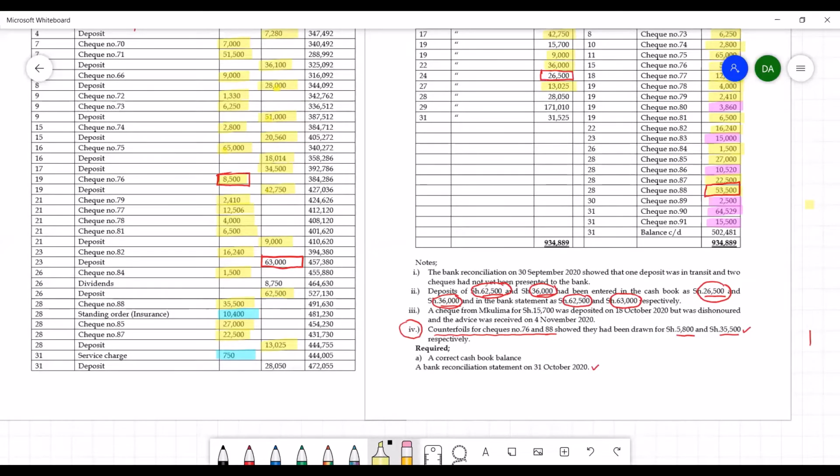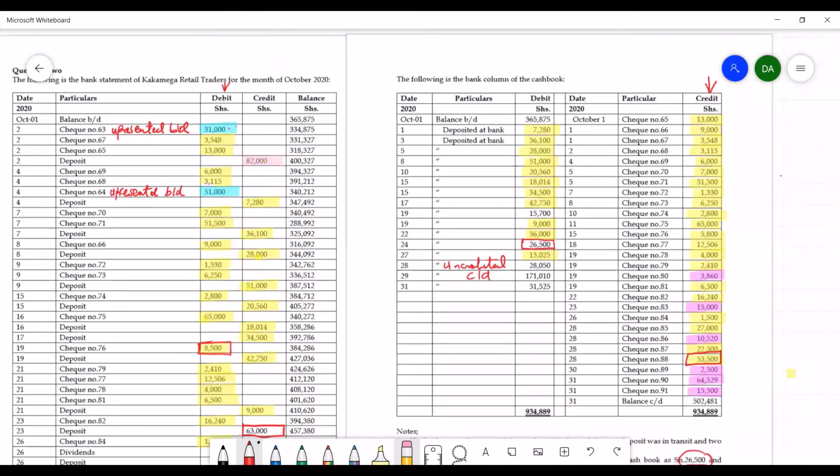So there are some deposits which cannot be compared across, and the deposits that cannot be compared across are called uncredited deposits. Uncredited deposits carried down. Those are uncredited deposits carried down. But there was also uncredited deposit brought down, which is here.